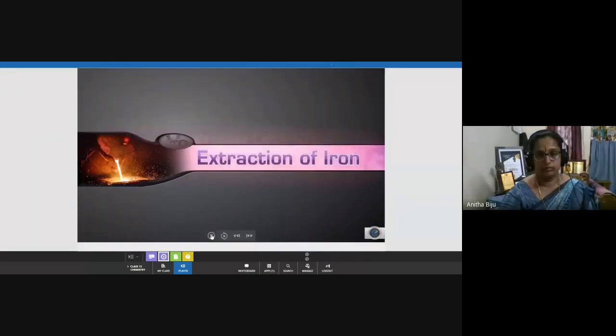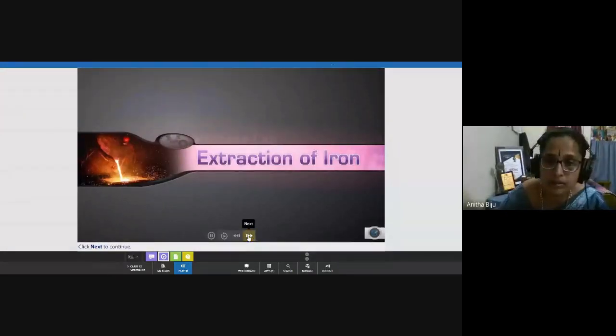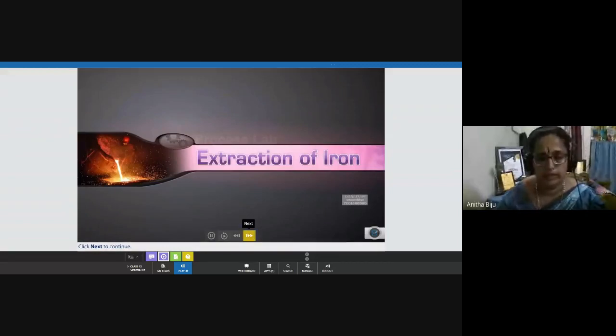Extraction of iron. Sriyesh, now the screen is visible? Yes, ma'am. Okay. Maybe there will be a little disturbance in the audibility of the slide, but it will exceed only half a second, so we can solve that.